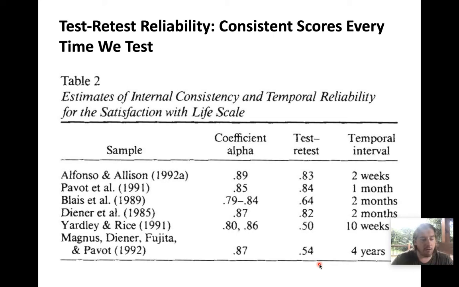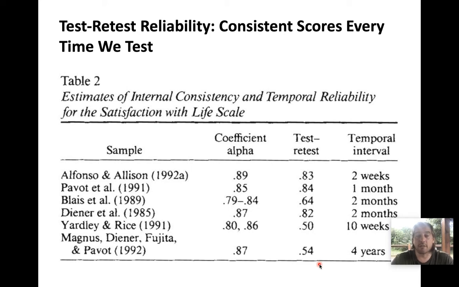If you had an IQ of 120 today, and I gave you an IQ test tomorrow, and you got an 85, you didn't suddenly become a different person in one day. I have a problem with my measurement, right? I have an unreliable measurement tool. So something like IQ, we want very high test-retest reliability.